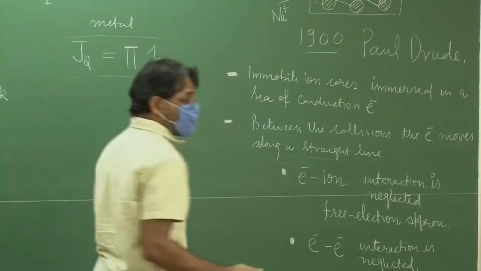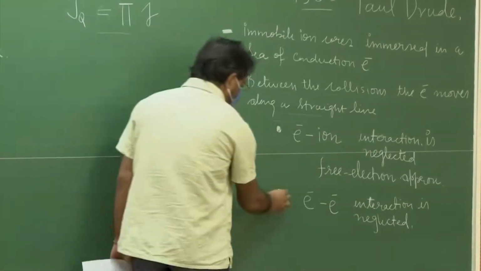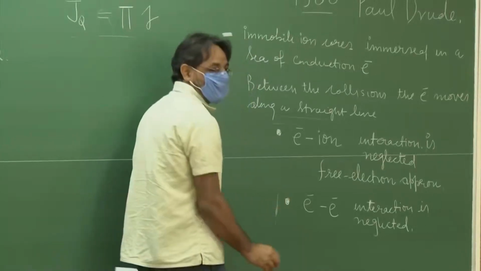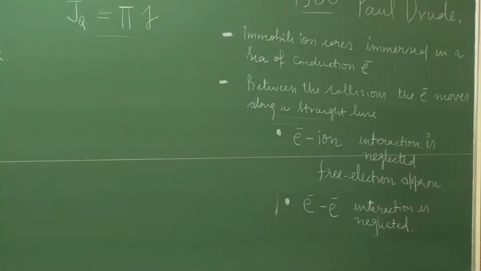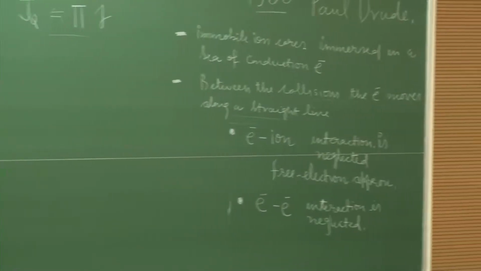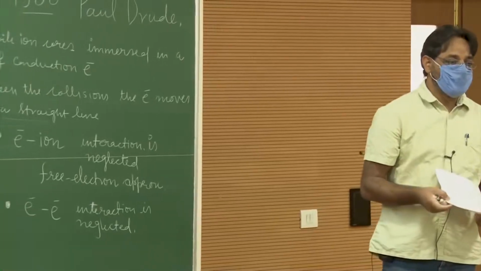Now, you would be surprised to know that even in the modern theories, you hardly need to consider this. Does it not surprise you? Because I just said that the metal is very densely packed with electrons. So there has to be some electron-electron repulsion, right?